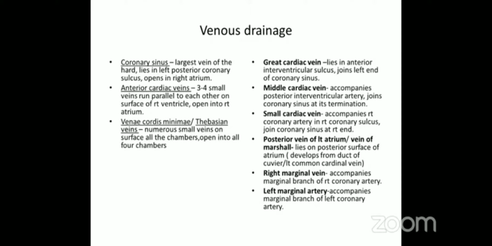The other veins are also there: great cardiac vein, middle cardiac vein, which accompany the branches of coronary arteries. There is small cardiac vein, posterior vein of left atrium, oblique vein or vein of Marshall, right marginal and left marginal. So remember, when it is asked as a blood supply, don't just write the arteries, the venous drainage should be included in this.